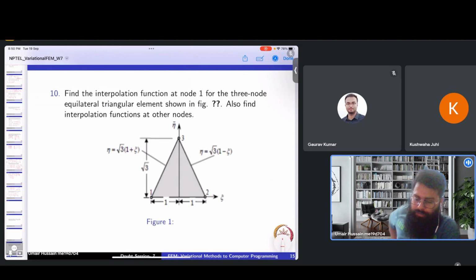Find the interpolation function at node 1 for the 3 node equilateral triangle element shown in this figure. If we get time, we'll try to find for the others also.